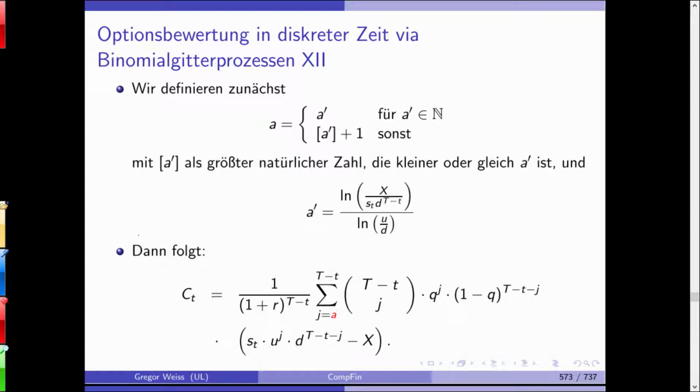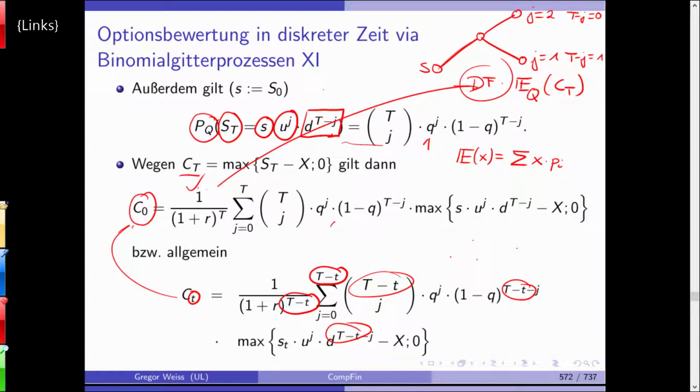Do not think too much about why we are using this; in German it's a Gaußsche Klammer, this way of taking the integer. And don't think about how we defined A dash. You don't have to care. It's simply a trick to do the following.